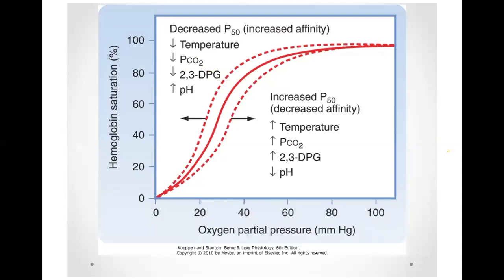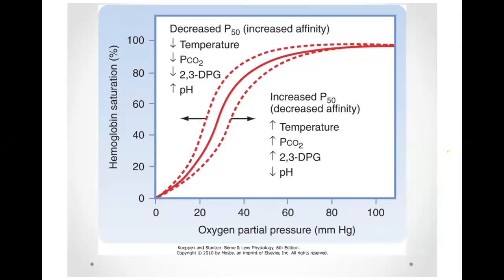Now, this oxygen hemoglobin curve that I'm showing you is actually lifted from our Byrne and Levy physiology because it has a better illustration, in my opinion, compared to the illustration in our biochemistry textbook. So on the left, you have the hemoglobin saturation, from 0 all the way to 100%.